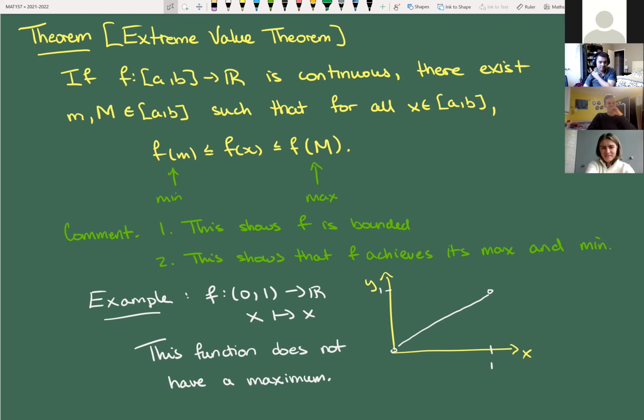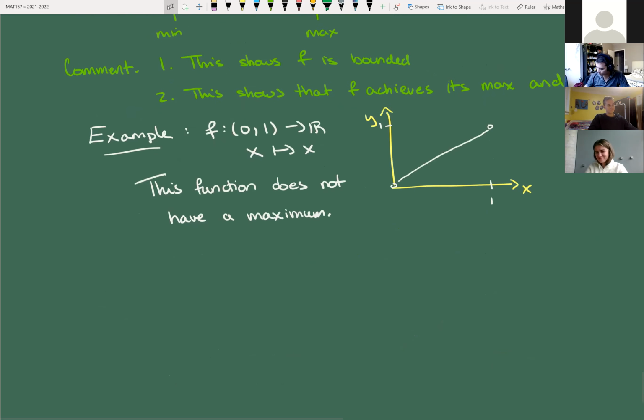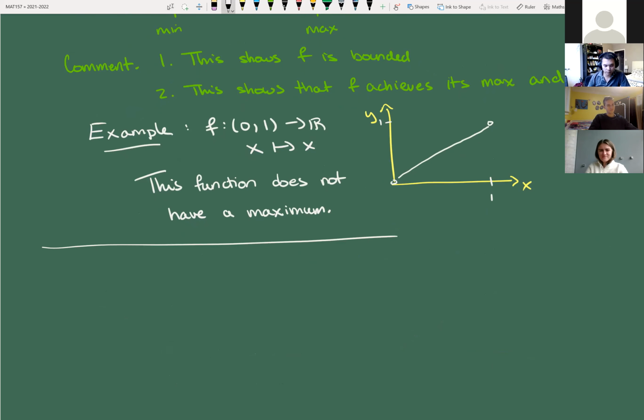If f of c is in f of AB, then the preimage of f of c is inside AB. Yes, that's true. But note that, just as an aside, and of course we're done today, so if people need to leave, of course you can. Note that this is not the same thing as this, right?